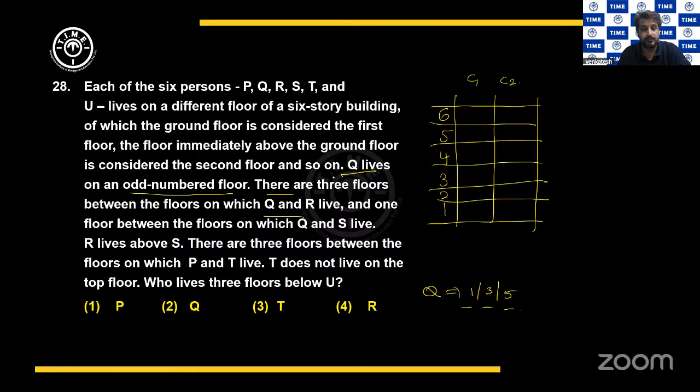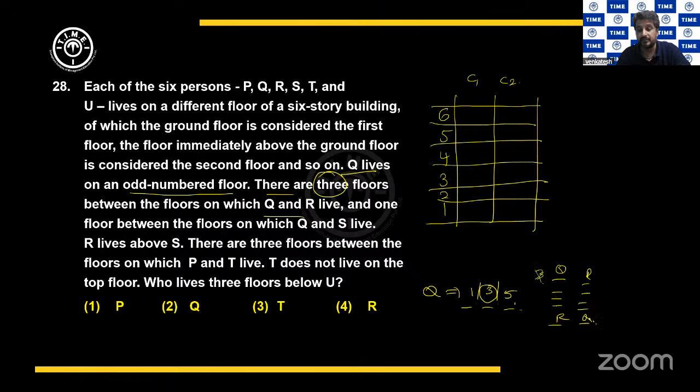And 3 floors between Q and R. So Q, 3 floors, R, or else R, 3 floors, Q. Anything is valid. But Q should be 1, 3, 5. If Q is at 3, 4, 5, 6, 7 floors it becomes, which is not possible.